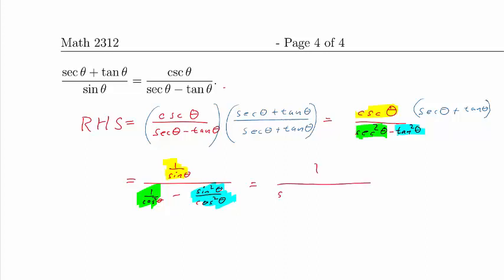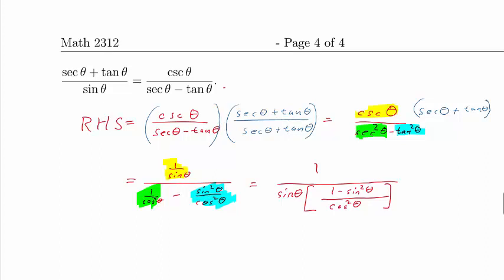We're just going to bring that sine to the bottom there. And this guy in green and the guy in blue, we note they have a common denominator. So cosine squared theta over 1 minus sine squared theta.